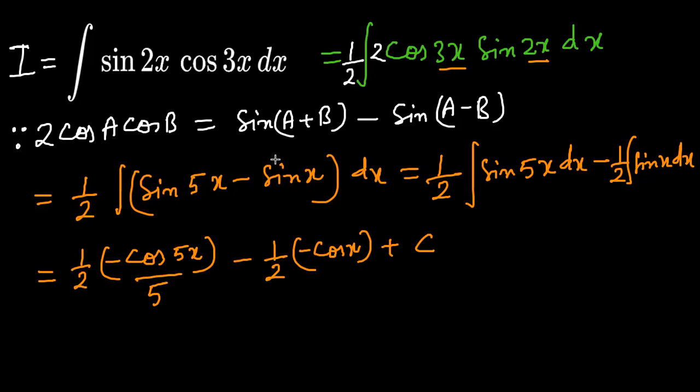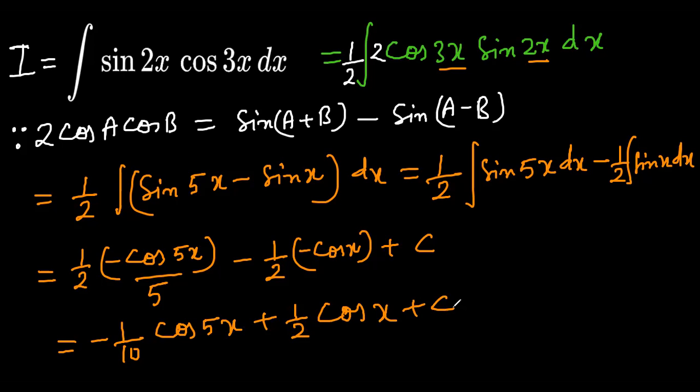Finally, you write your answer multiplying these two. So your answer would look like negative 1 over 10 of cos 5x, and negative is positive, plus 1 by 2 cos of x plus c.